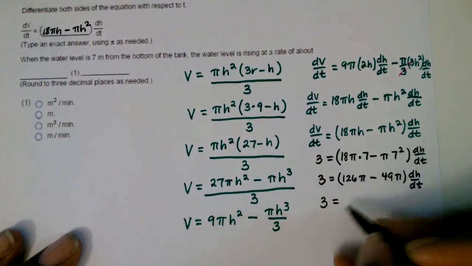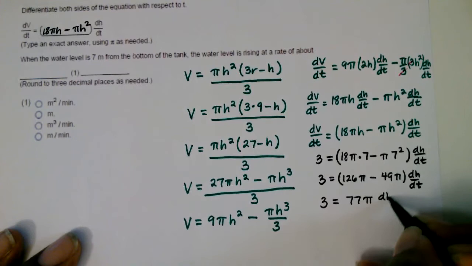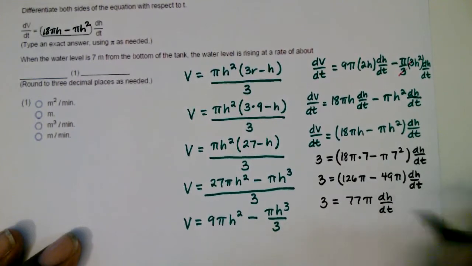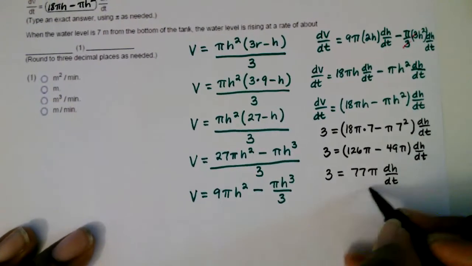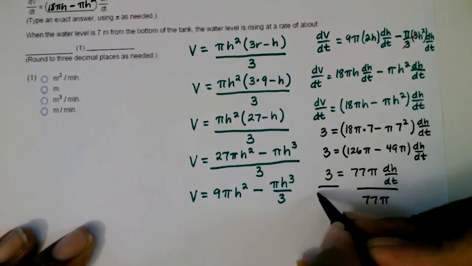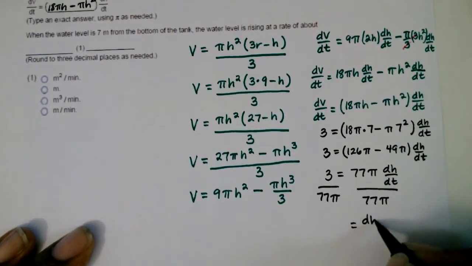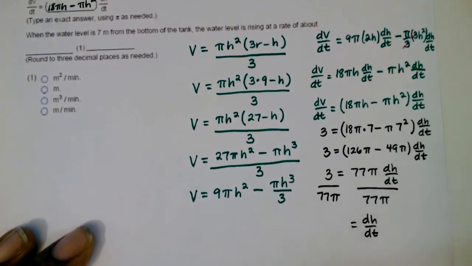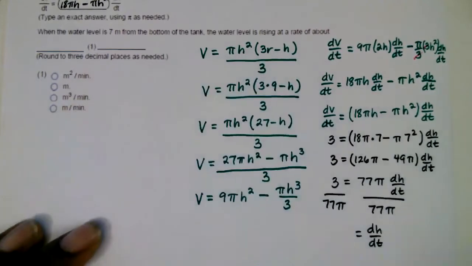So it'll be 3 equaling 77 pi times dh/dt. And to solve for dh/dt, we divide both sides by 77 pi. So now dh/dt, and we're to round the answer to 3 decimal places in this case.